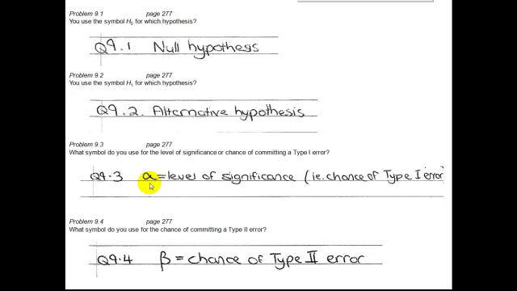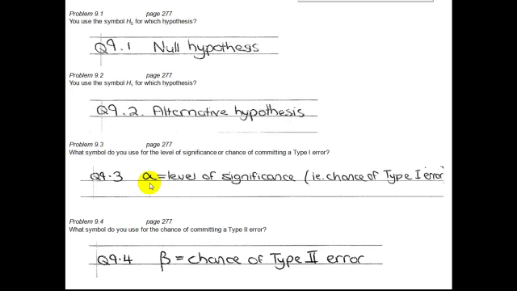A type 2 error is where you don't reject the null hypothesis and it really was false. So a type 1 error, well, that's what alpha is representing. And in a practical sense, alpha is the size of the reject region, or if it's two-tail, it's the combined size of the reject regions. So 9.3 is just to get you to think a little bit more about alpha.